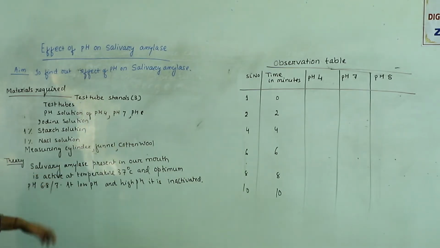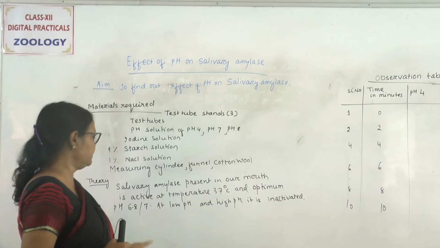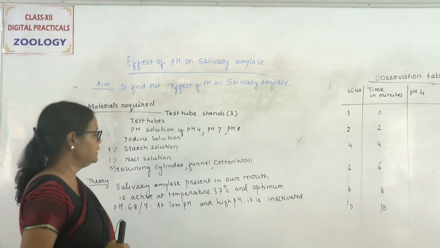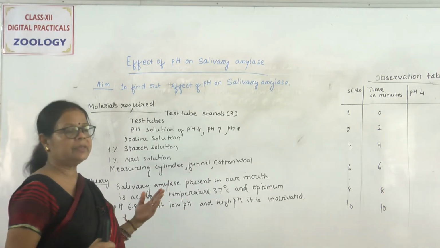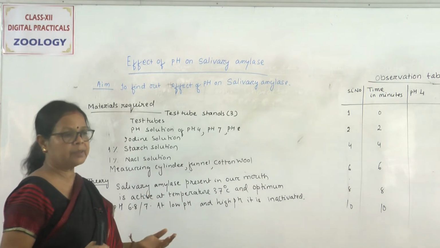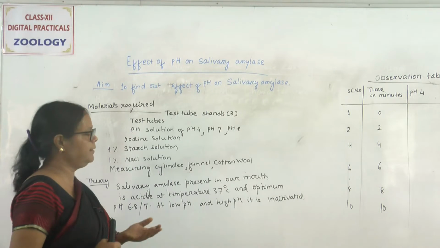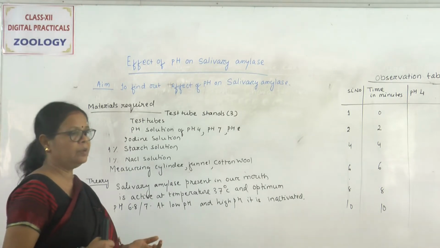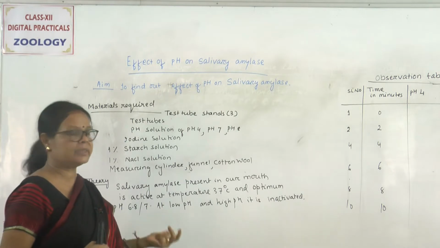Theory. Salivary amylase present in our mouth is active at a temperature of 37 degrees centigrade and optimum pH 6.8 or 7. At low pH and high pH, it is in an inactivated form. So, generally when you carry out the experiment, starch will not get digested in pH 8 and pH 4, but gets digested in the presence of pH 7.